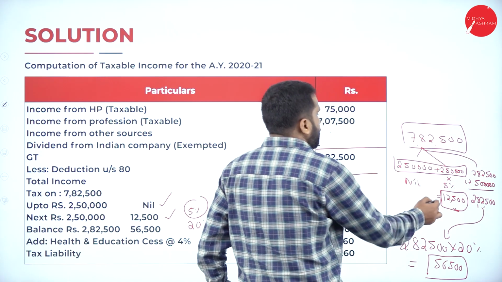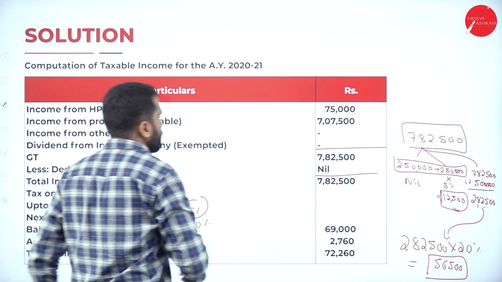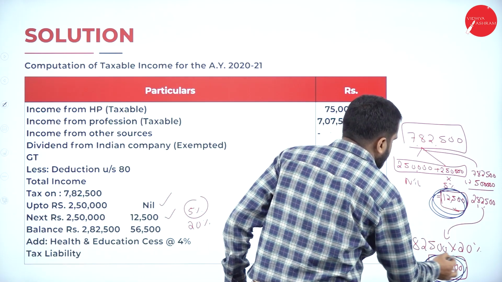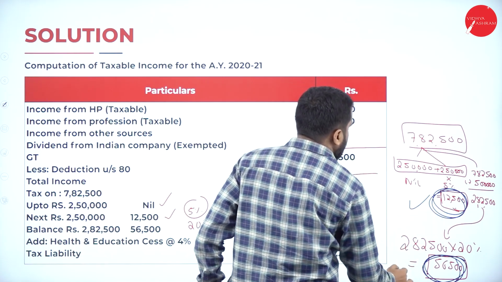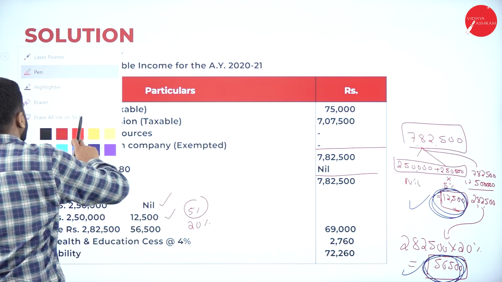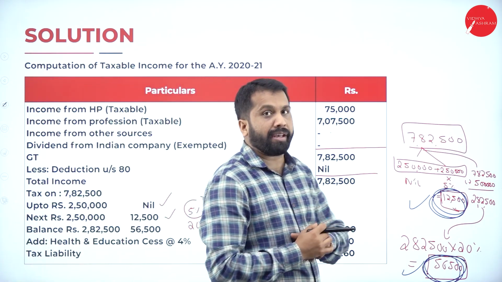So 12,500 and 56,500. I'll show you this. 12,500, 56,500. This one and this one. So we calculated your tax. You understood how to calculate tax.